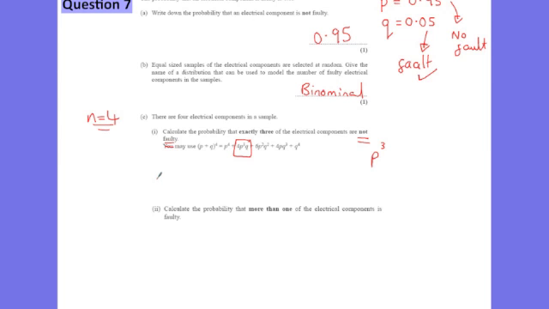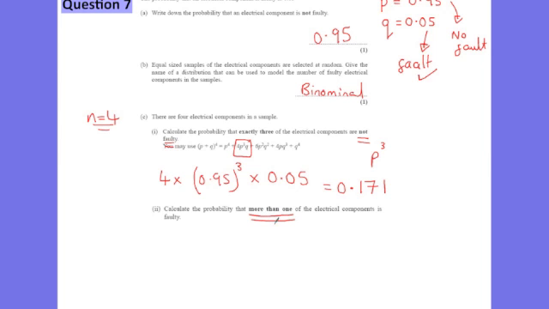So 3 are not faulty. 4 multiplied by 0.95 to the power 3 multiplied by 0.05, which gives us our probability of 0.171.